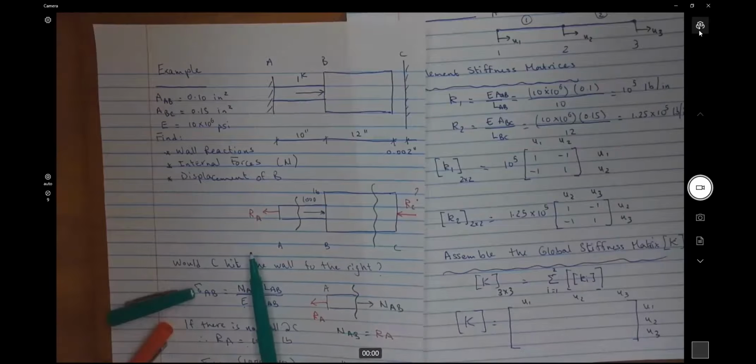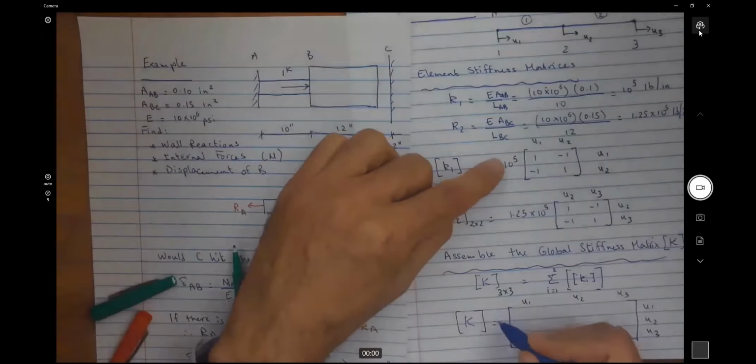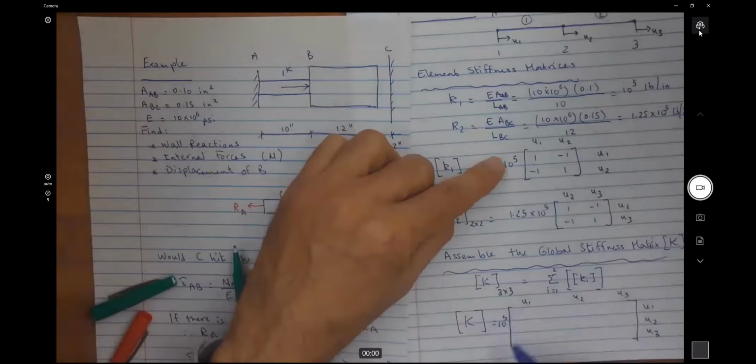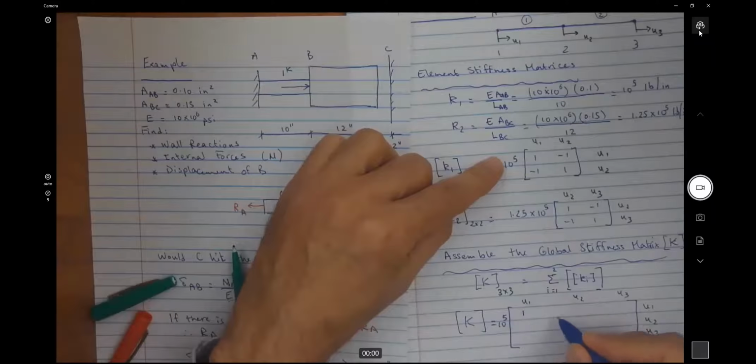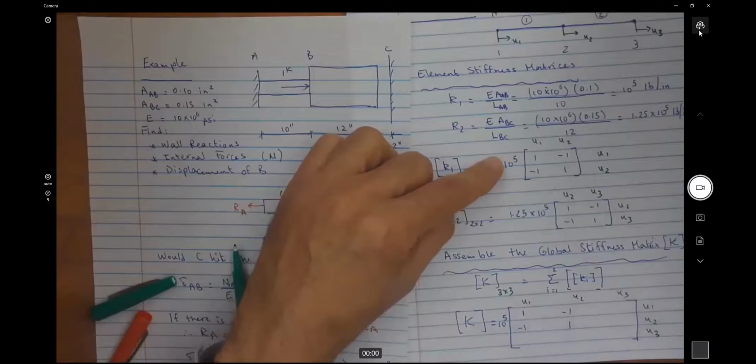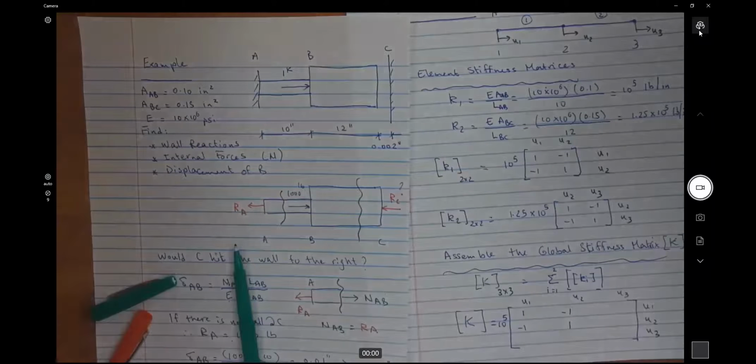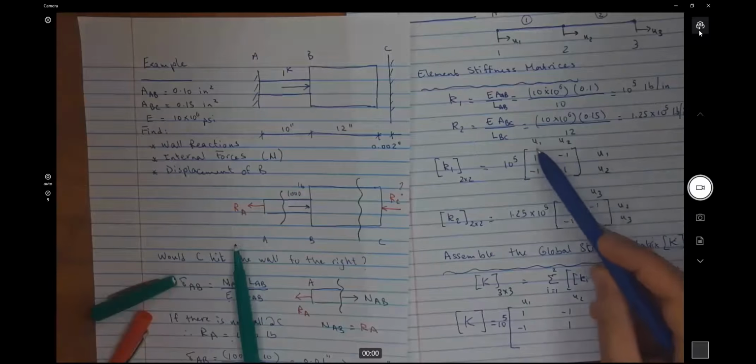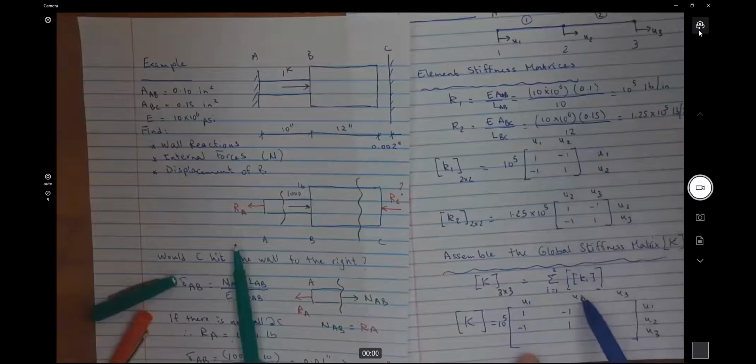So for element 1, I'm going to take the 10 to the power 5 as a common factor, and I'm going to come here and put a 1, a minus 1, a minus 1, and the 1. You see where this is coming from? U1, U2, U1, U2.